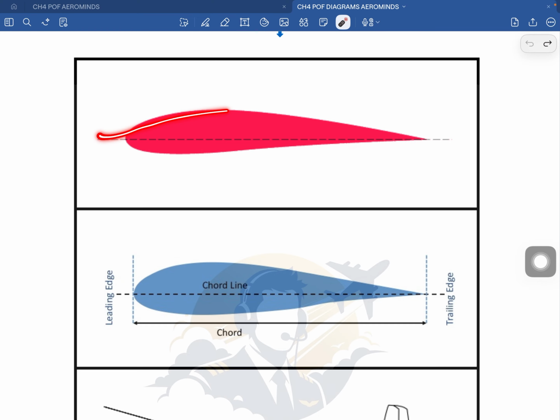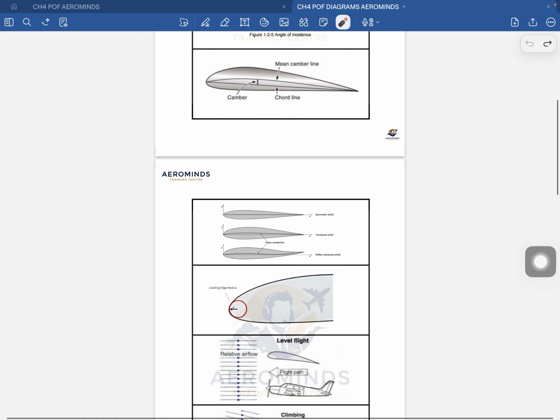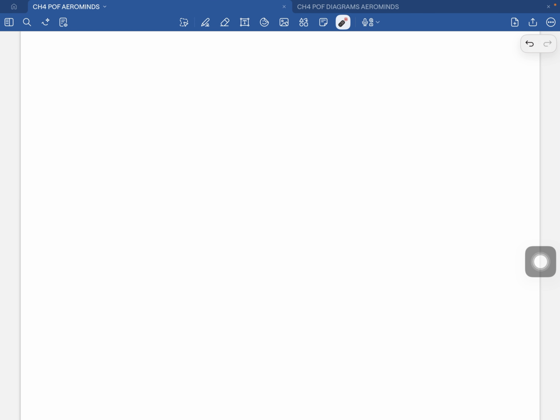So the speed of the air above the wing has to be more. That is the reason why the pressure reduces here and the pressure increases here, which causes the lift. That is the basic idea of lift, and due to that, the lift is generated.